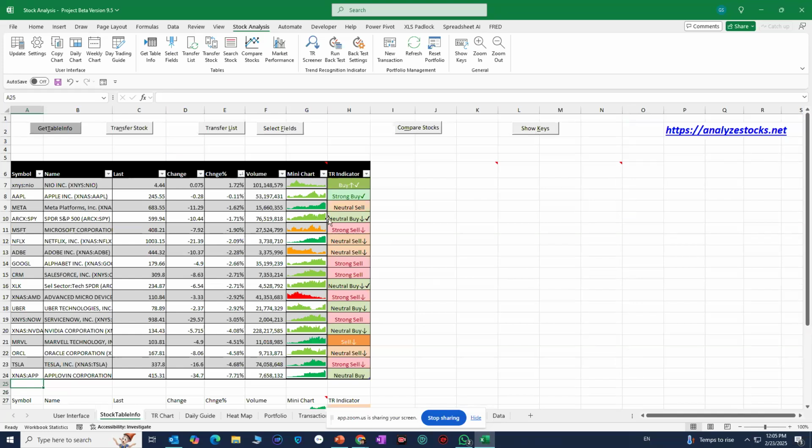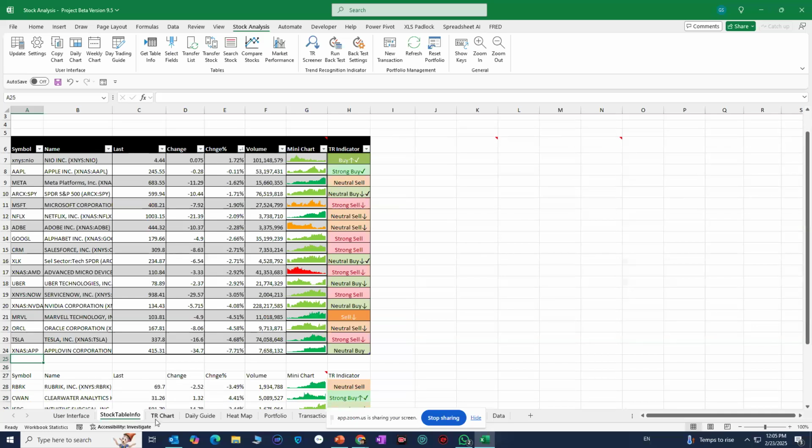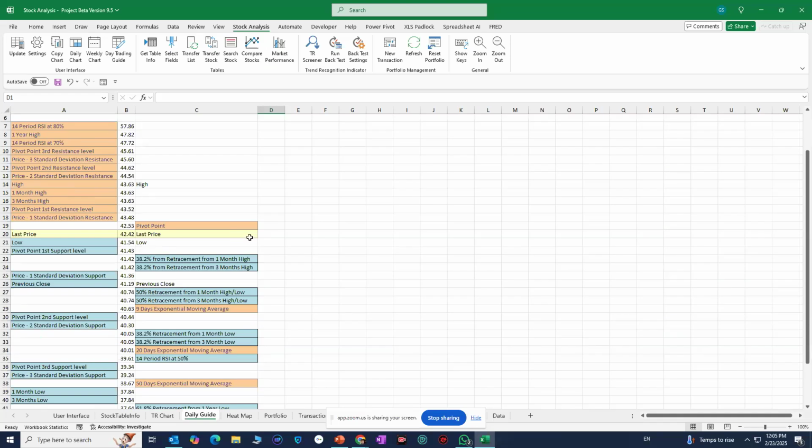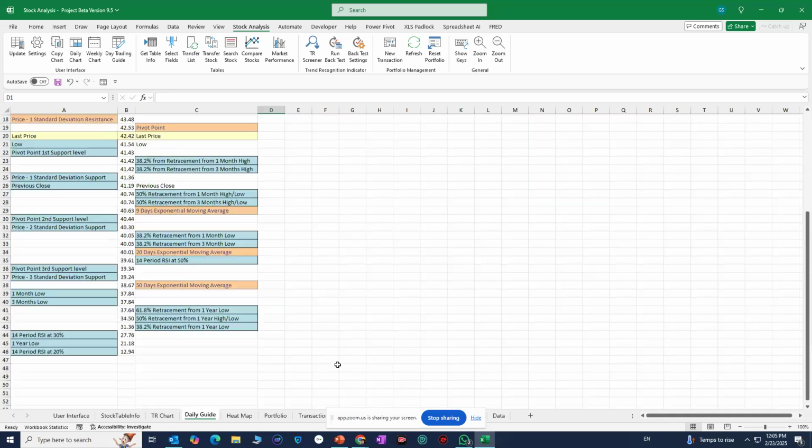And you can increase or decrease the number of fields shown here. There are other features as well. For day traders, it provides a daily guide, this particular example is for JD.com, for different trading levels based on Fibonacci and resistance levels and the daily pivots and weekly pivots.